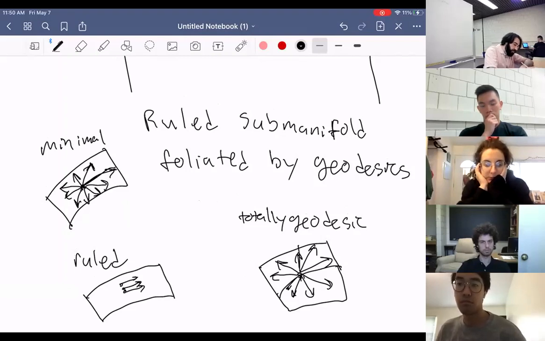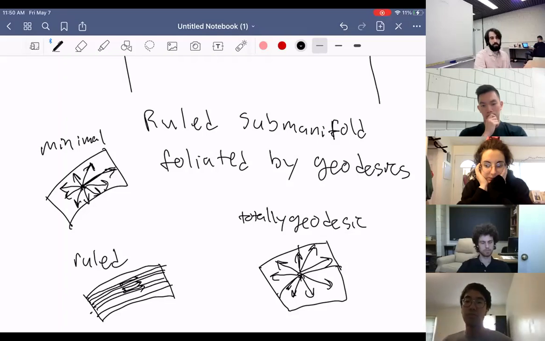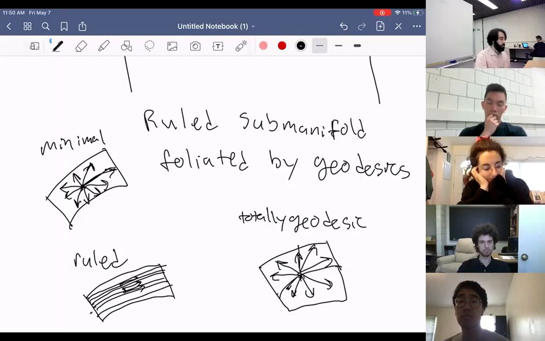So we have a ruling of lines, like ruled paper. And in this direction, we have 0 normal curvature because these are actual geodesics. So a ruled surface is weaker than a minimal surface, which is not exactly what we want yet. We want a minimal surface.